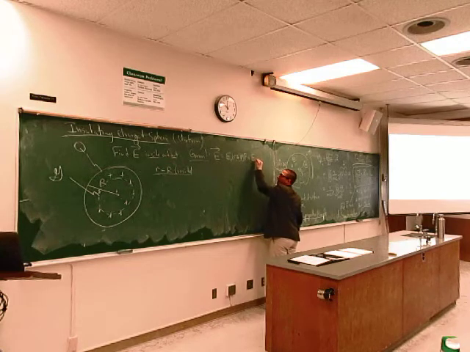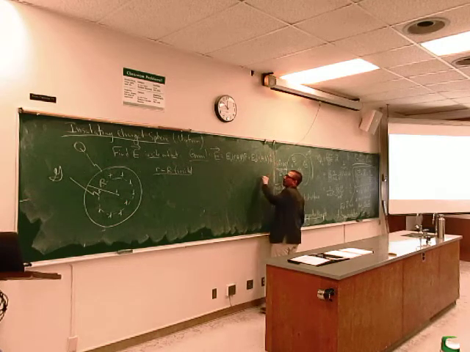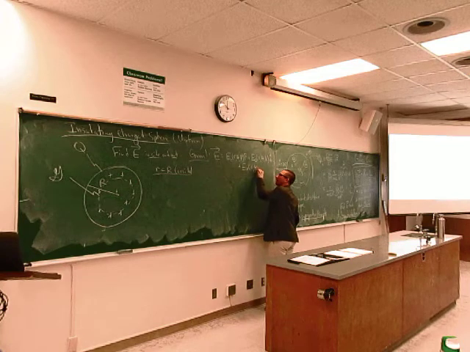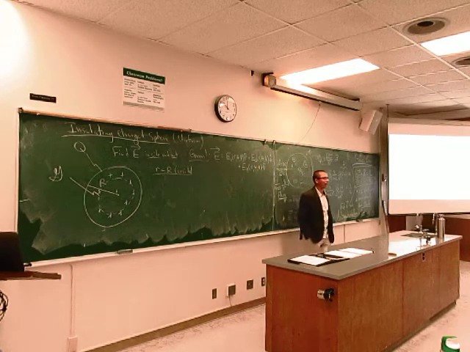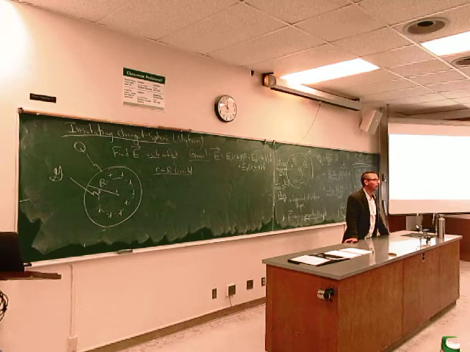It could have a theta component, which could depend on r, theta, phi in the theta hat direction. And it could have a phi component in the phi hat direction. That's kind of complicated, right? In spherical coordinates, there could be three different components to your electric field.